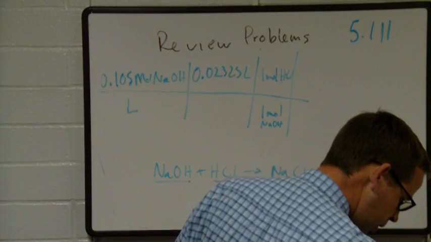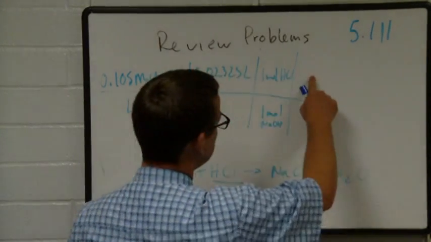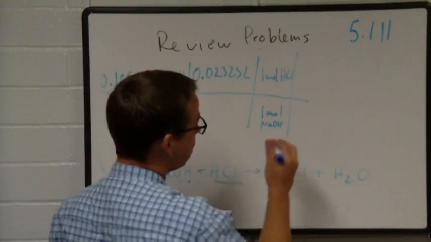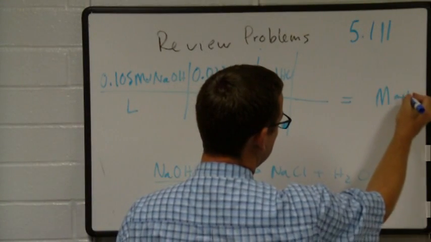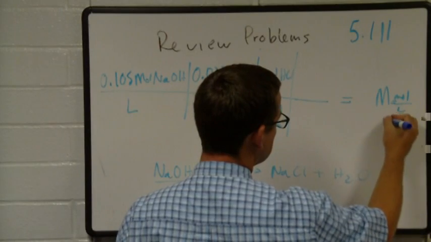What was the molarity of the HCl? Well, this is how many moles of HCl. We're in moles of HCl now. We're looking for big M, which is moles per liter of HCl, right?